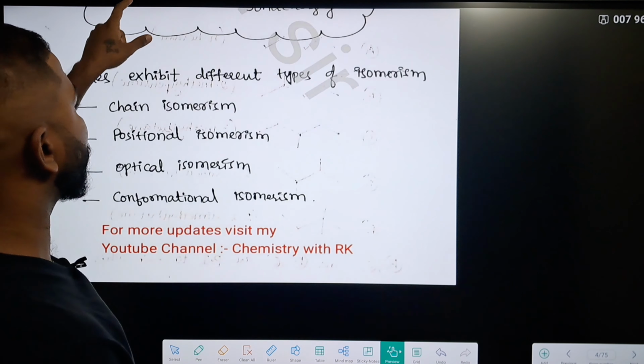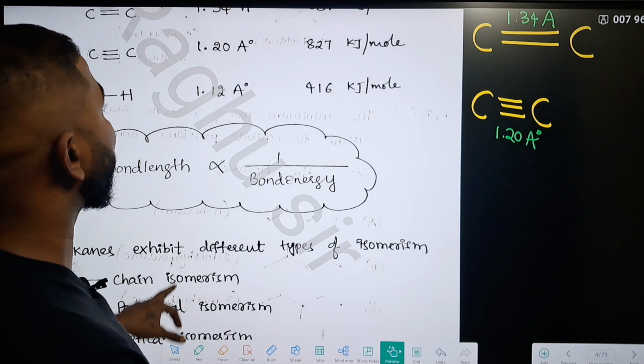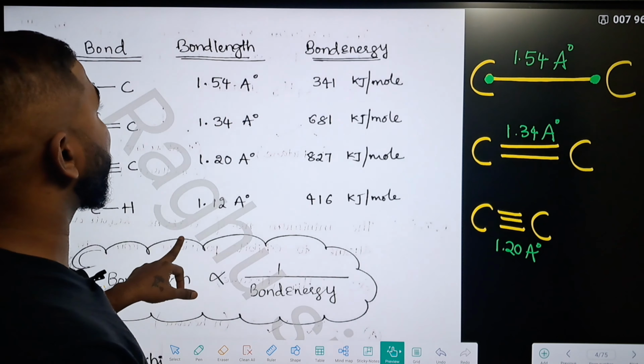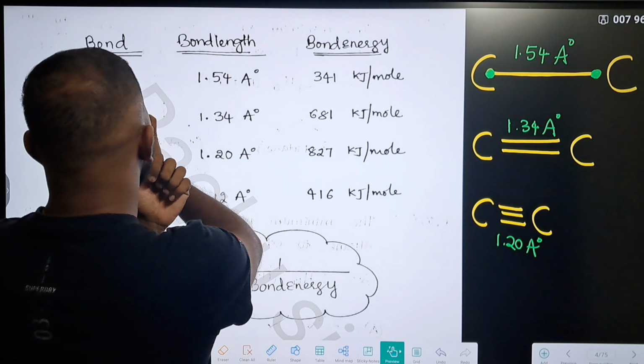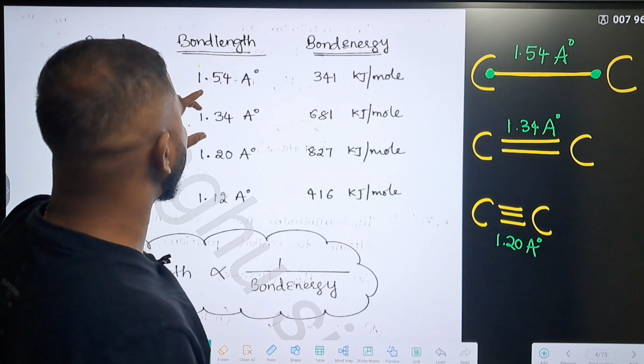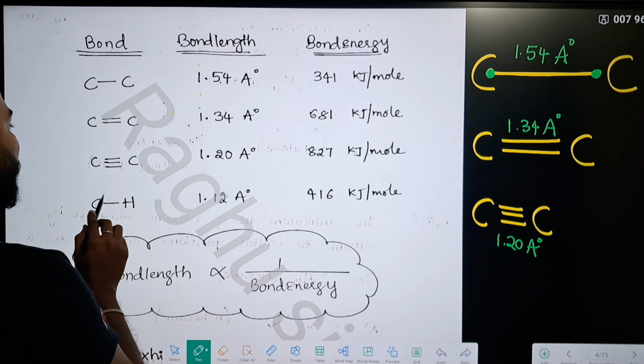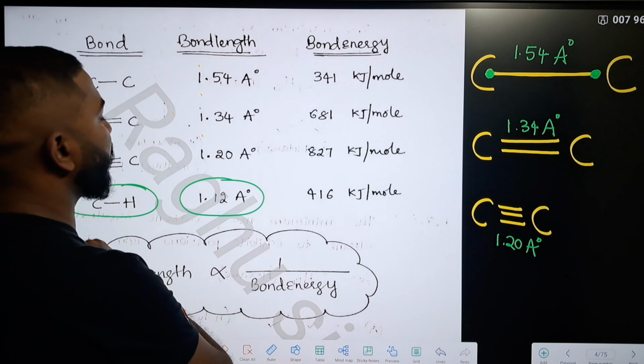Now you try to observe the bond energies as well. Since it is CC single bond, this is 1.54, 1.34 and then 1.20, and then when it comes to CH, it is going to be 1.12.